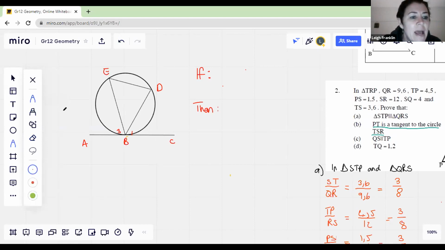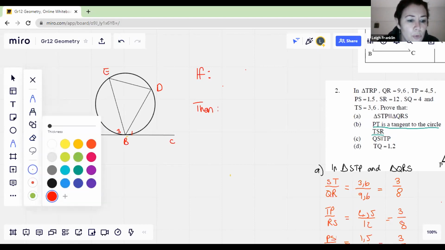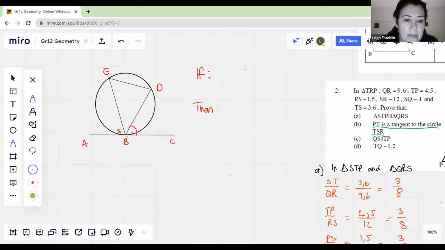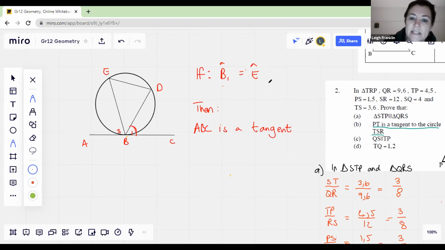All right, so now if we are able to prove that B1, so if B1 were to equal E by some other methods, then we would be able to conclude that ABC is a tangent. And for our reason for proving that it's a tangent, we've got to state these angles that prove it.